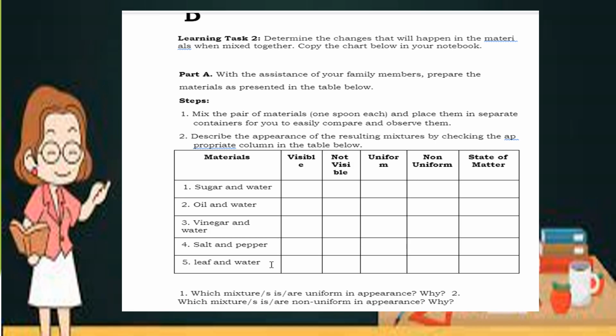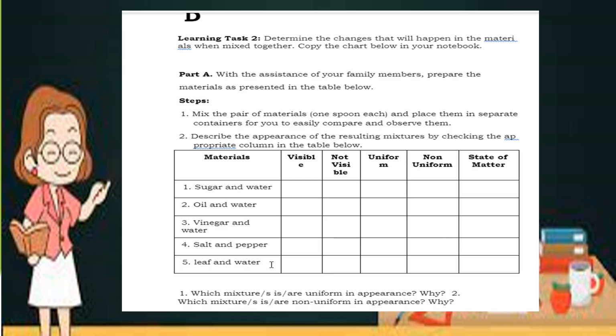So here are the materials that you're going to need. You're going to prepare sugar and water, oil and water, vinegar and water, salt and pepper, leaf and water. You're going to check whether the sugar and water is visible or not.